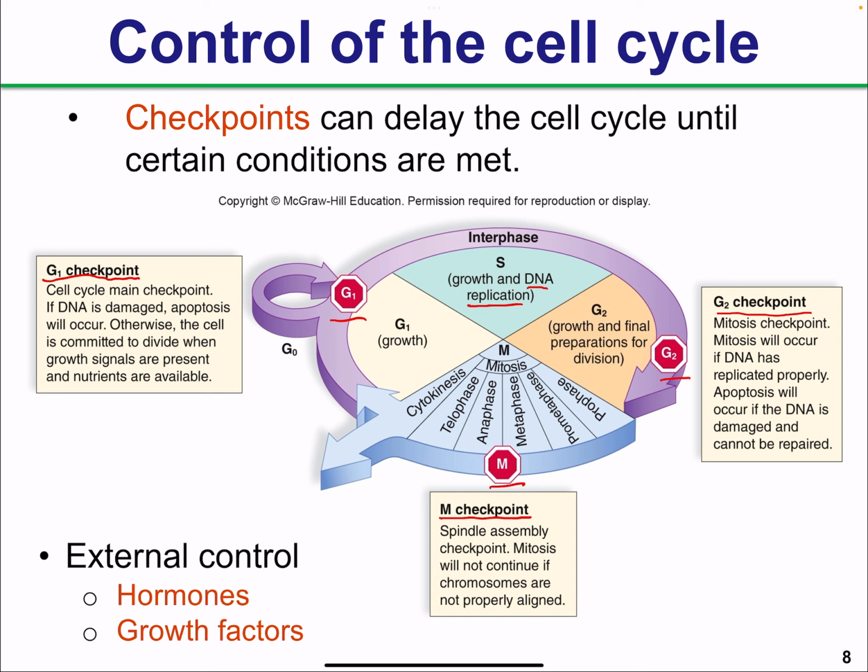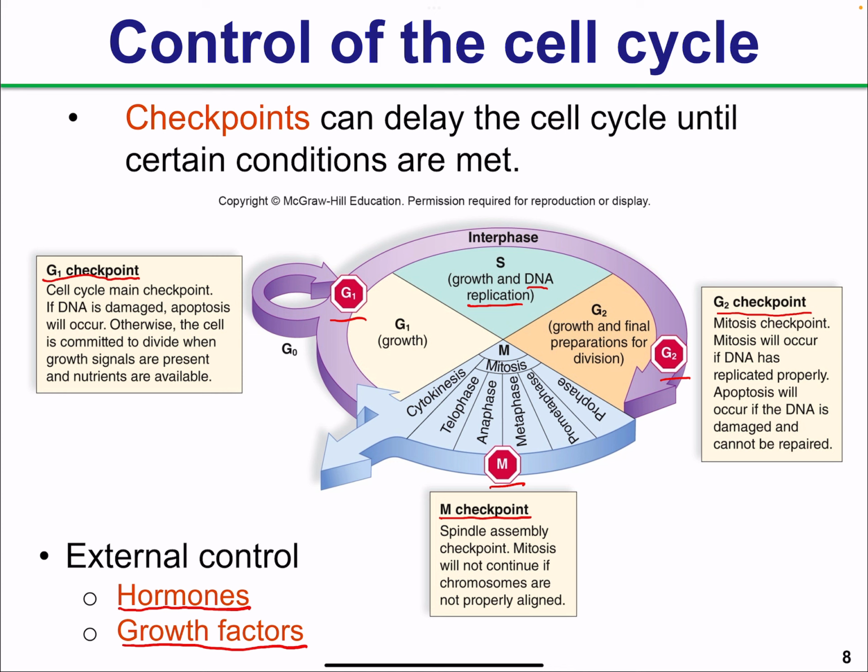But then we have an external control of the cell cycle. That external control involves hormones and growth factors. So sometimes you have a neighboring cell that is going to send a signaling molecule. That signaling molecule is going to trigger cell division, right? And that signaling molecule is going to trigger cell division through a process that we call cell communication.